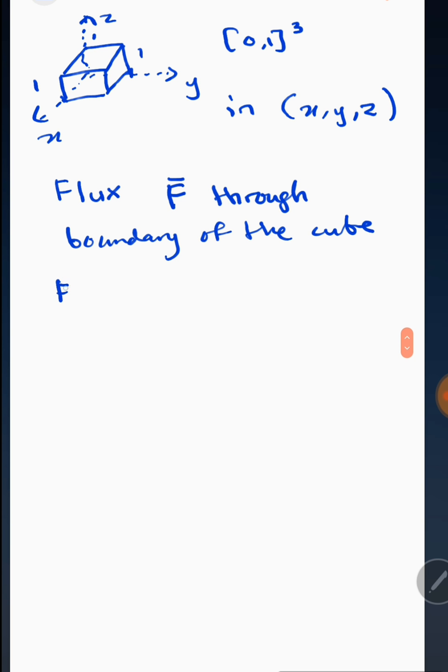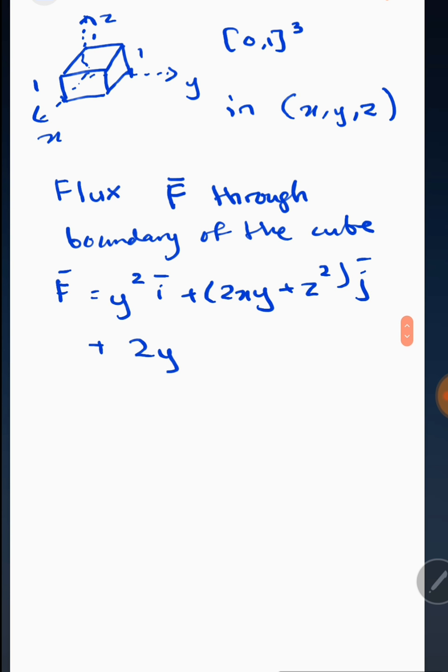F is given by y squared i plus 2xy plus z squared j plus 2yz k. Having learned the previous topic, how would we solve this kind of question?